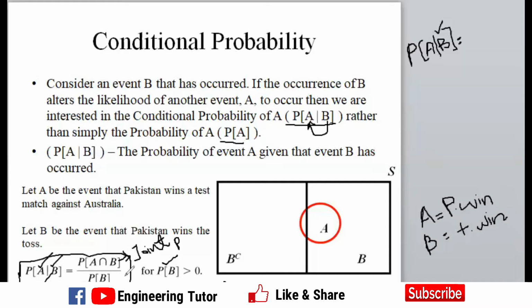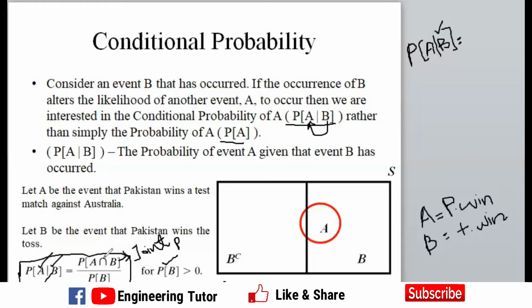Similarly, in set theory, intersection is used as an alternate of multiplication, and union is used as an alternate of addition.